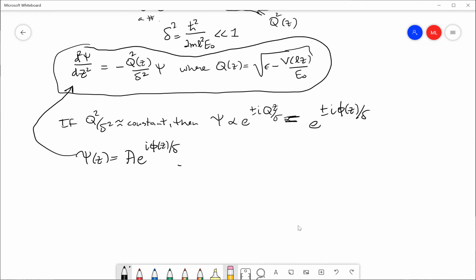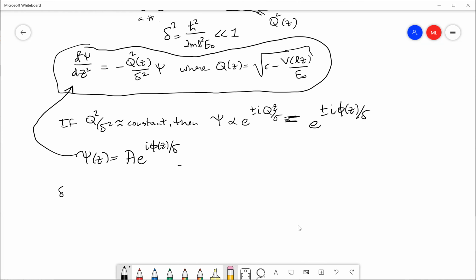Right? And we have to use chain rule and stuff. What do we get? Well, we can put the delta squared back on the other side.